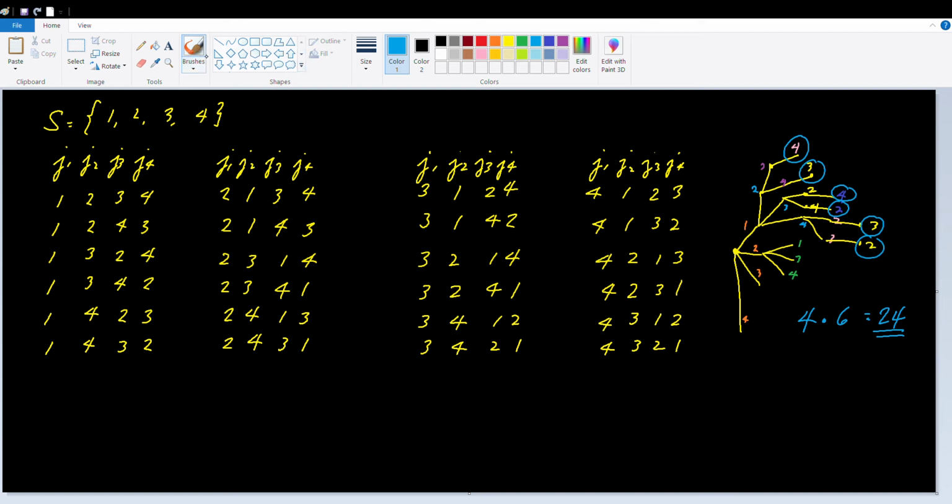Next, we define an inversion. When does a permutation have an inversion?